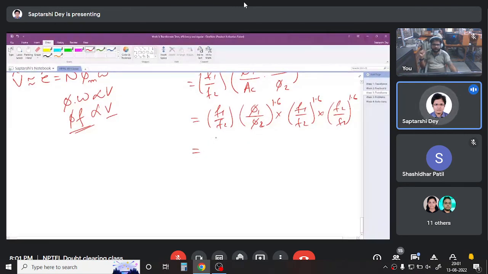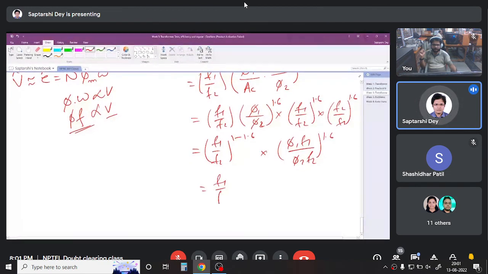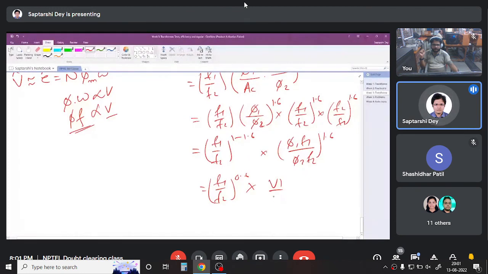Now we have f1 by f2 to the power 1 minus 1.6 because of this, into phi 1 f1 by phi 2 f2 to the power 1.6. So basically what we have is f1 by f2 to the power 0.6 times v1 by v2 to the power 1.6.